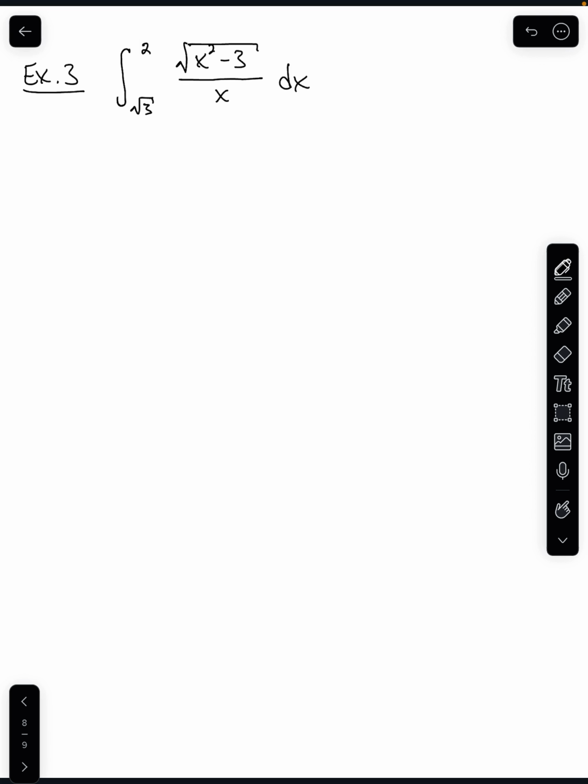When we are using sine or secant, as long as the angle stays between negative pi over 2 and positive pi over 2, we are fine. No special adjustments are needed. But when we are using tangent, we would need to make sure that we are either between 0 and pi over 2, or between pi over 2 and pi.